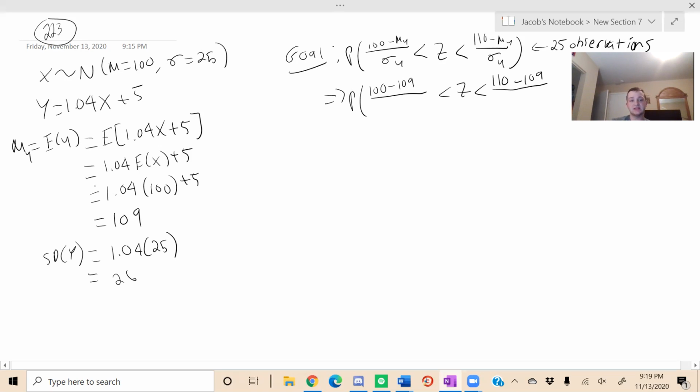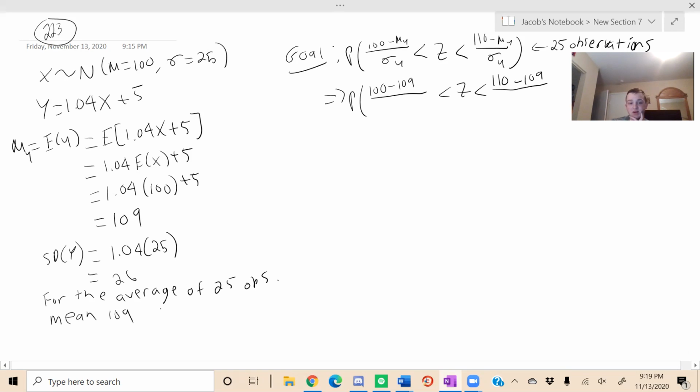So, as I said, for the average of 25 observations, the mean is still 109, right? Because the mean of the average is the same number.